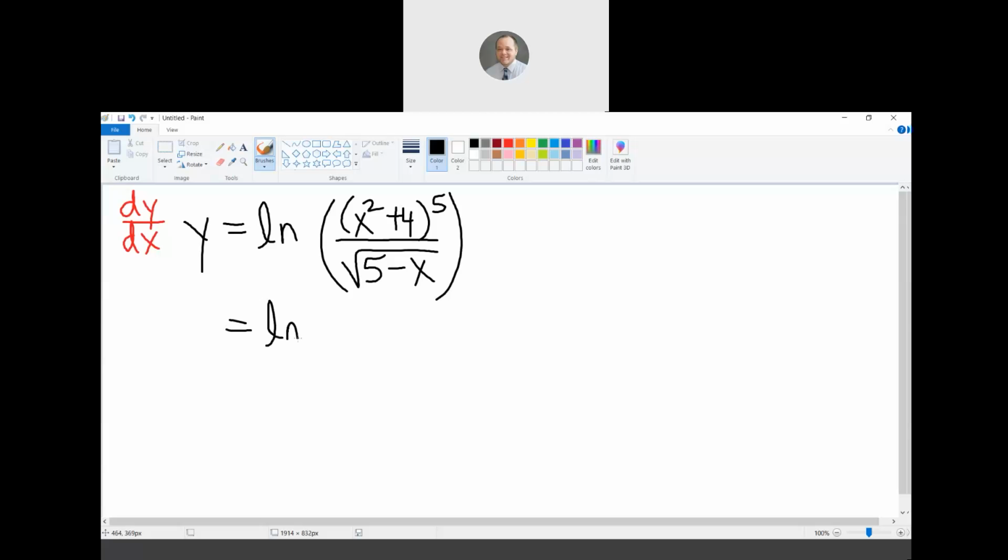So we have natural log of x squared plus 4 to the 5th power minus natural log, and I'm going to rewrite that radical where it also contains an exponent. That would be 5 minus x to the 1/2 power.